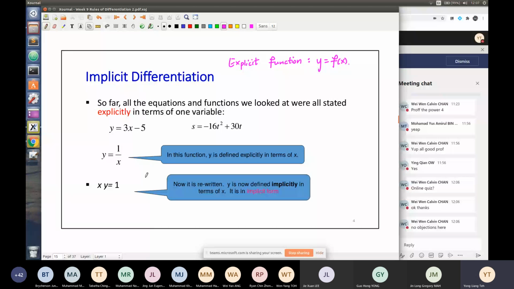Now, this is an implicit function. An implicit function is just rewriting the explicit function in the form big F, for example, of x comma y of x is equal to 0. Okay, so let me give some examples to make it clear here. For example, this is an explicit function because this is y as a function of x.